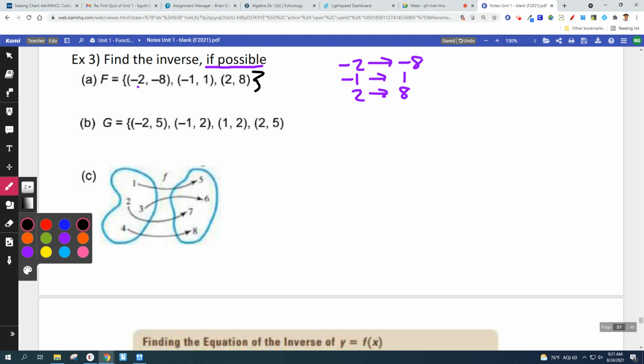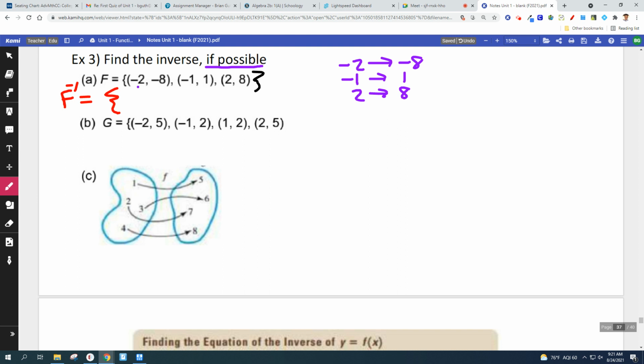This one is 1-to-1. Each x goes to one y, each y comes from one x. This one's fine. This one has an inverse, and so literally all I have to do for an inverse is switch x and y. So f inverse equals -8, -2, 1, -1, 8, 2.